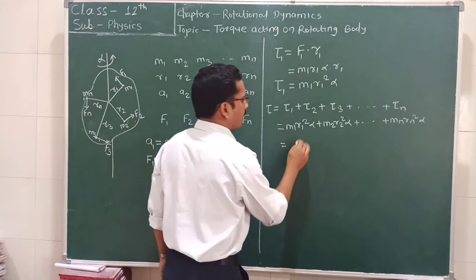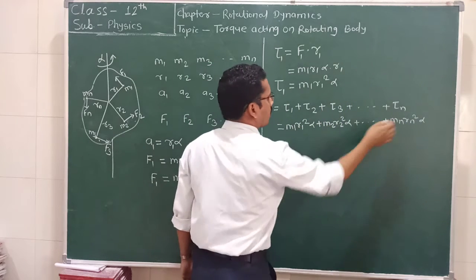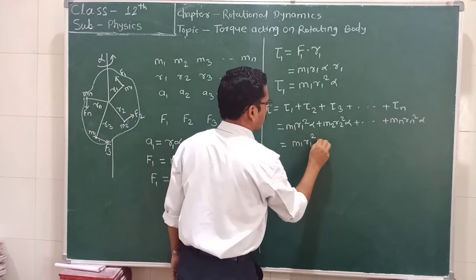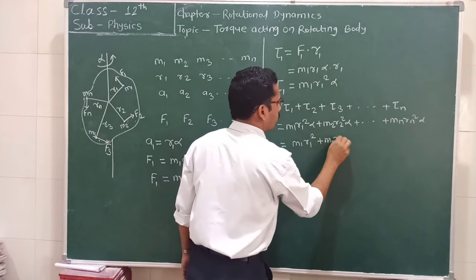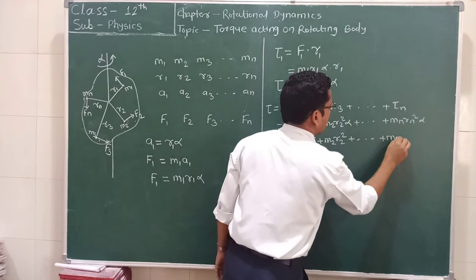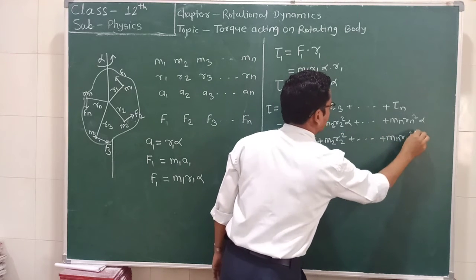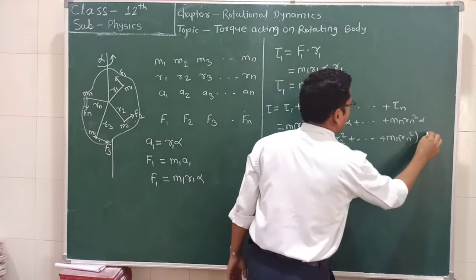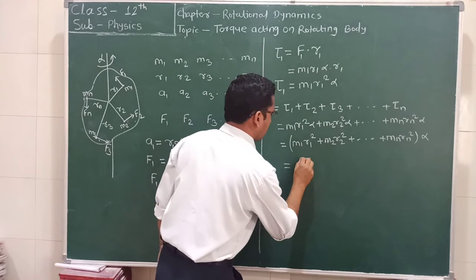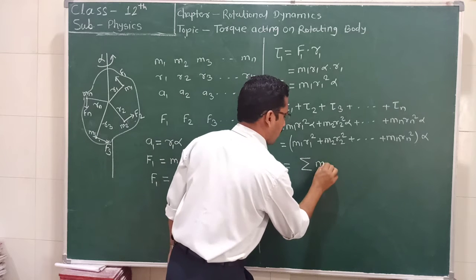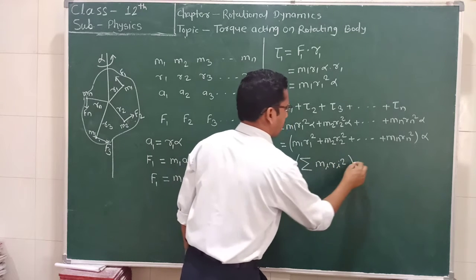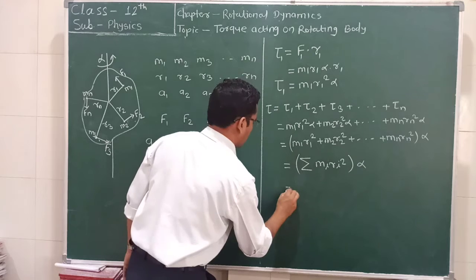Now we can take alpha common from each term. Therefore, what remains is m1 r1 square plus m2 r2 square plus mn rn square, and alpha is outside the bracket. Now, this can be written as the summation of mi ri square multiplied by alpha.